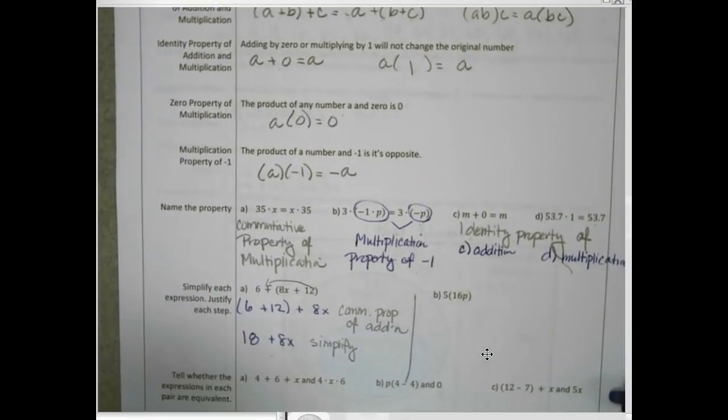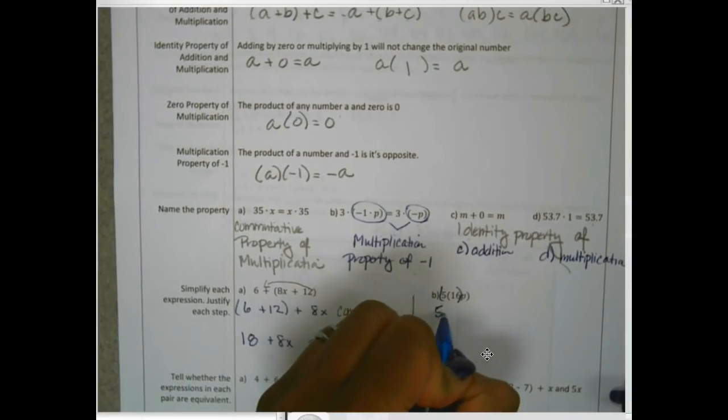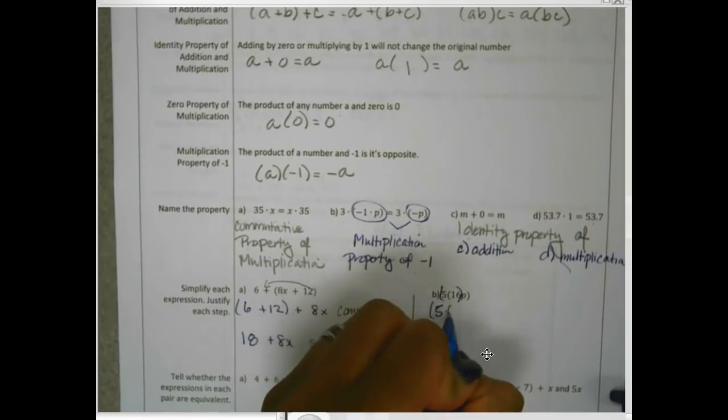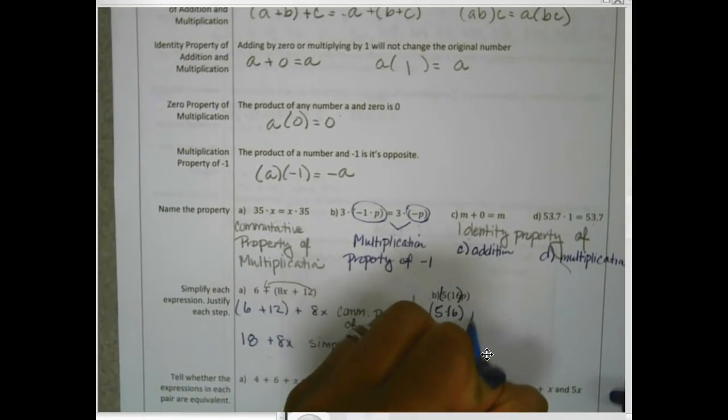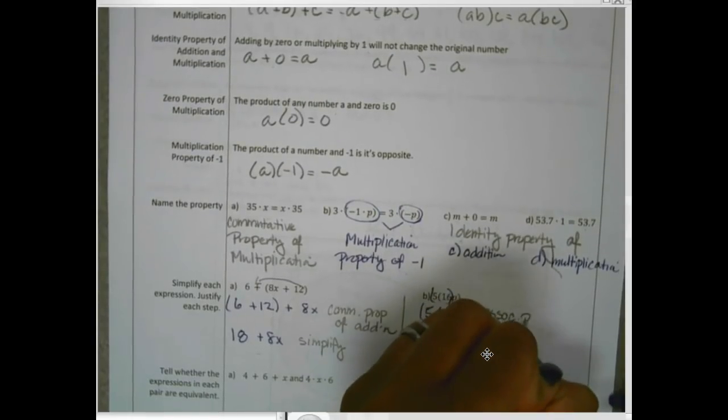Okay, part B. I can't really multiply 16 times P, but I can multiply 16 and 5. And what makes it so that I can do that instead of multiplying these two, that is the associative property. I didn't switch the order of multiplication.